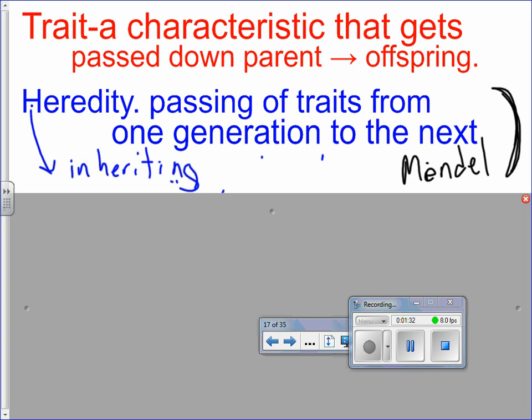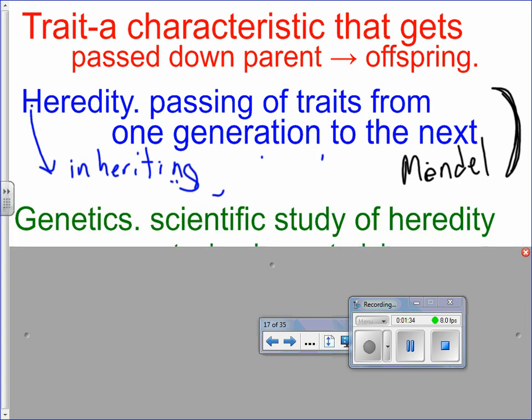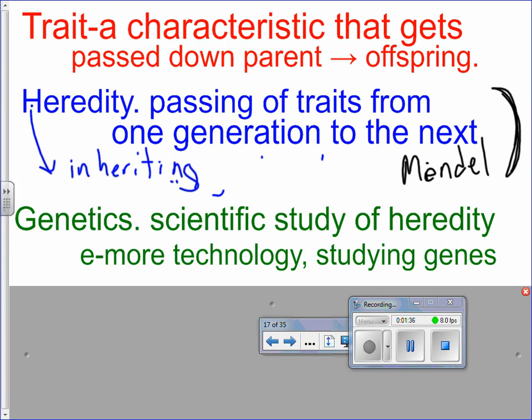Next word, genetics. Now, this is a little confusing. Genetics actually has the word gene in it, right? Genetics is the scientific study of heredity. It's more high tech, and you're actually studying genes.